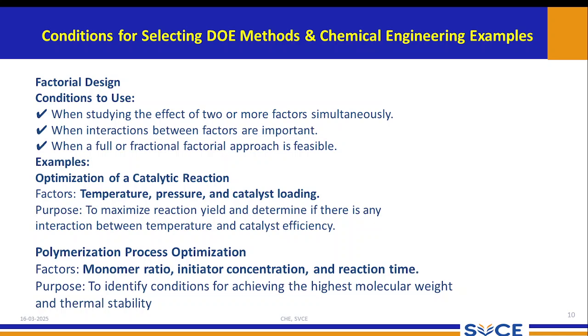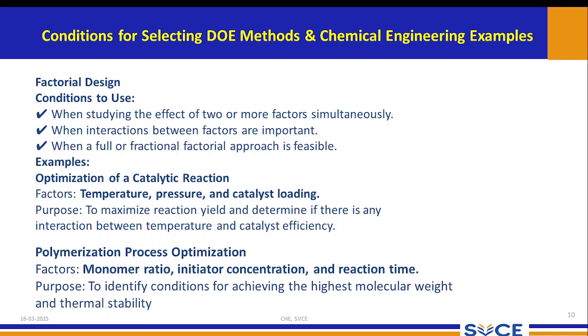One factor at a time means you are varying only one factor, not multiple factors. So a factorial design is a two-factor or three-factor design. When studying the effect of two or more factors, we need to go for a factorial design. When interaction between the factors is important, we need to go for a factorial design. When a full or fractional factorial approach is feasible.